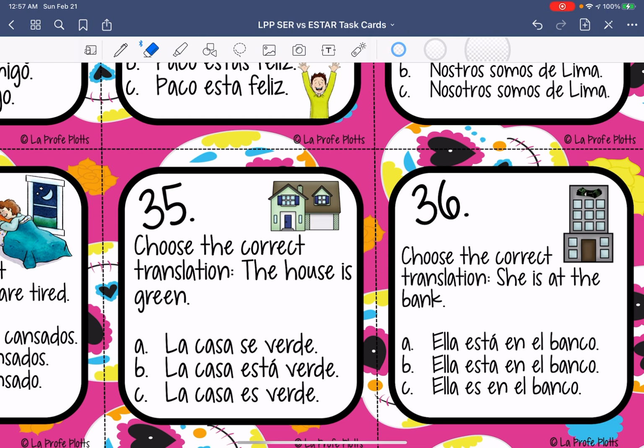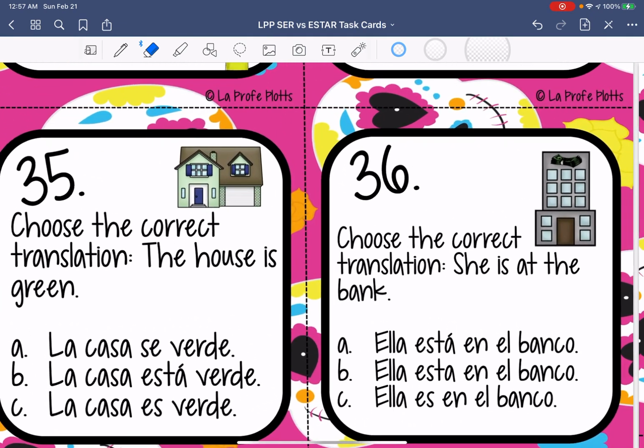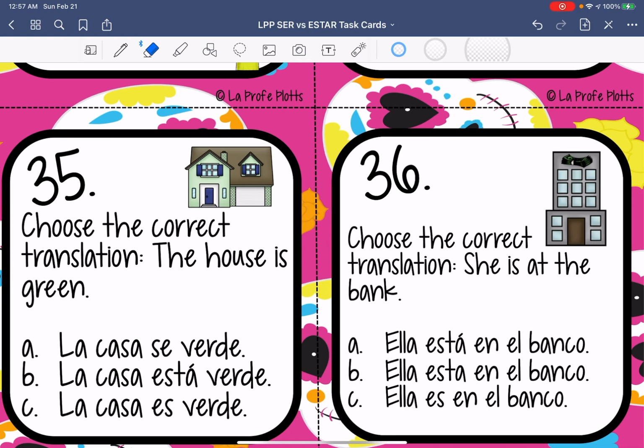C, la casa es verde. Okay? 36. She is at the bank. A, ella está en el banco. B, ella está en el banco. C, ella es en el banco. Okay.